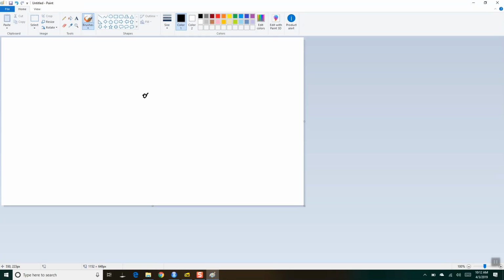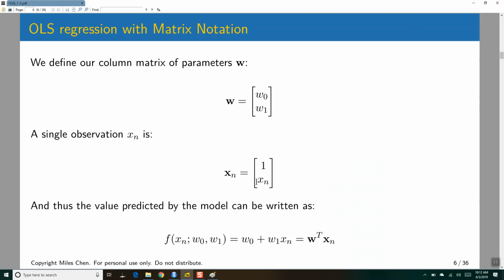Oh, my pen's just broken. That's all. No wonder. This is so hard. I'm drawing with my trackpad. Okay, but basically, whenever you see the bold X, you'll probably draw something like this in your notes. And anyway, okay, that was sad.